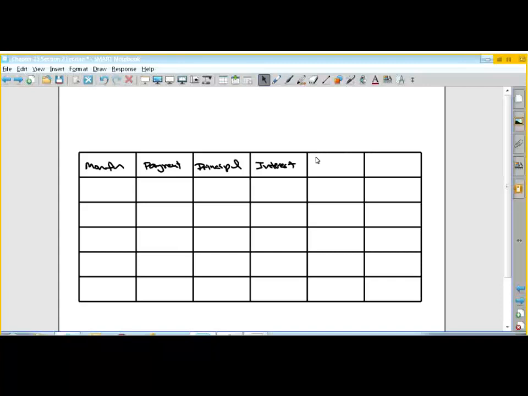I'm missing something. What am I missing here? Oh, total interest. The total interest is just the total amount of interest you pay as you go through the loan. And then you've got your balance. That's how much you still owe.